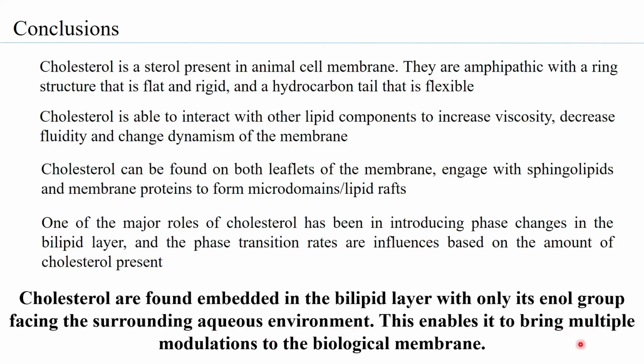This enables it to bring multiple modulations to the biological membrane. It being very much integrated within the biological membrane makes a lot of difference. And this is also why we know that cholesterol is important for our body and that we need good cholesterol.